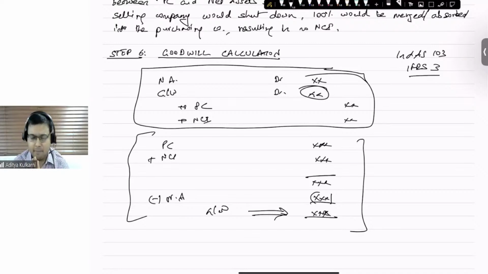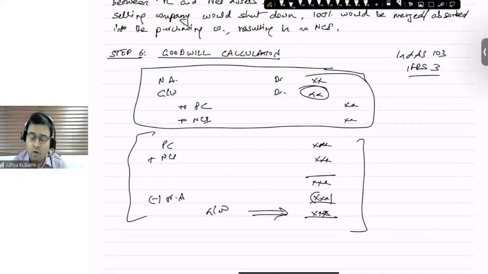If the figure is a negative one, that means in this journal entry it comes on the credit side as a balancing figure. In that case, IFRS 3 and Ind AS 103 put a word of caution. It tells us that if you get a negative figure, please carry out the entire evaluation process once again.